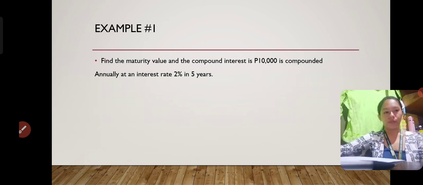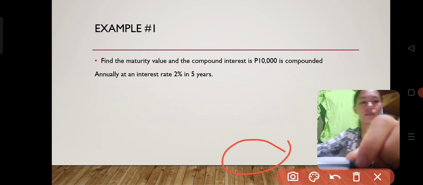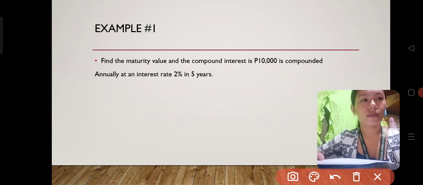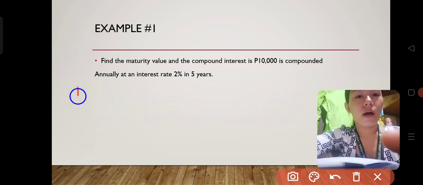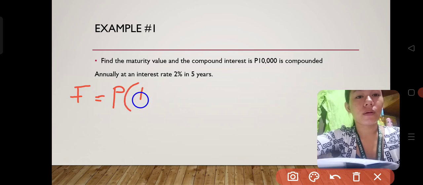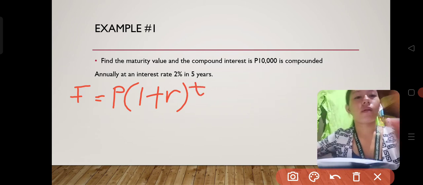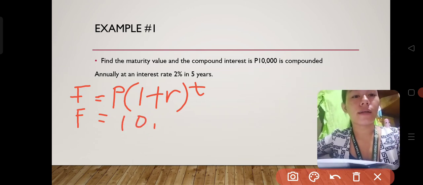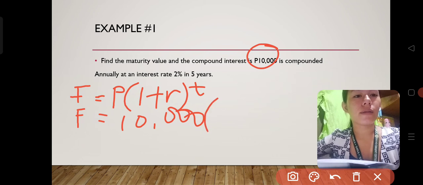This is our formula. F equals, the principal value is 10,000, times 1 plus the rate, 2% divided by 100 is 0.02.